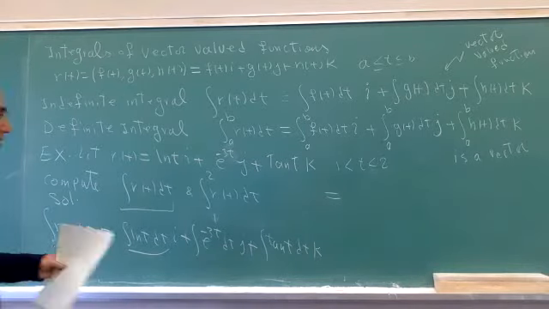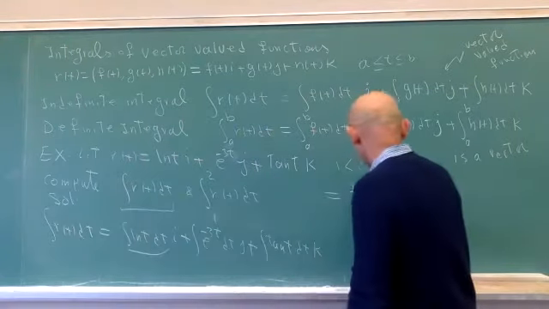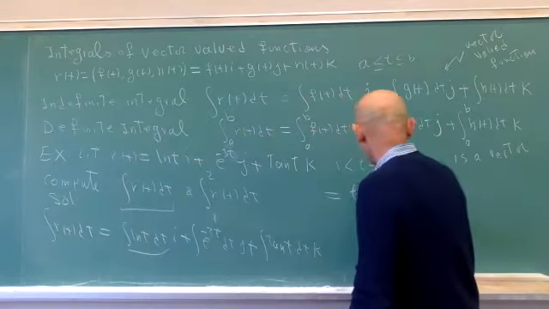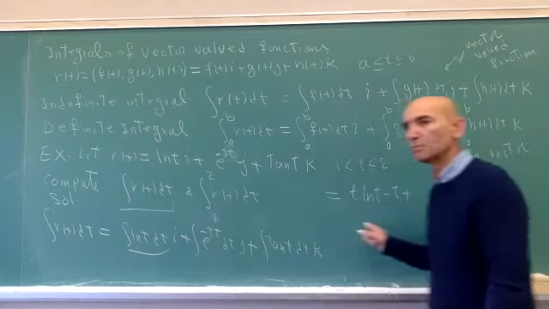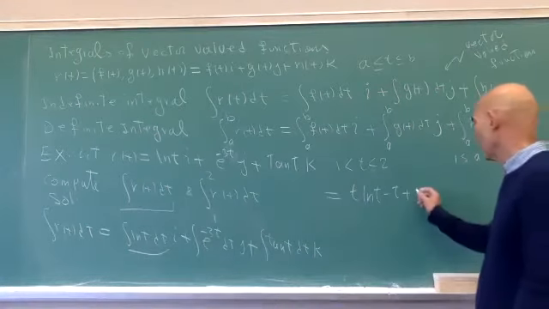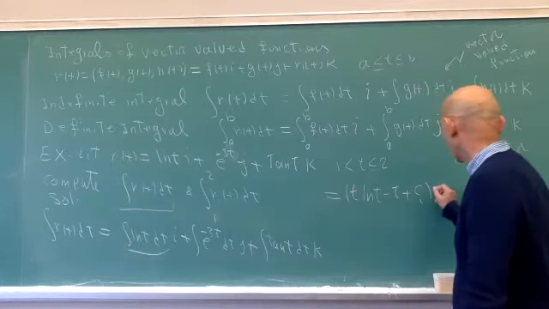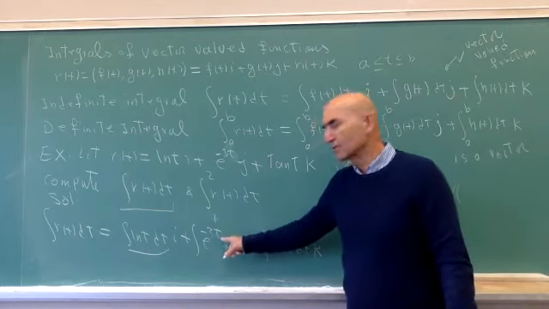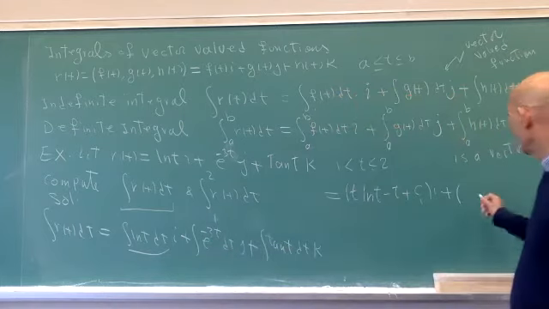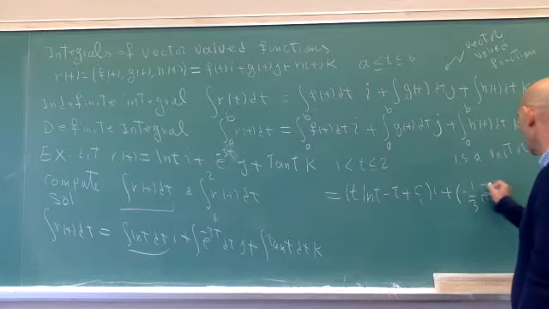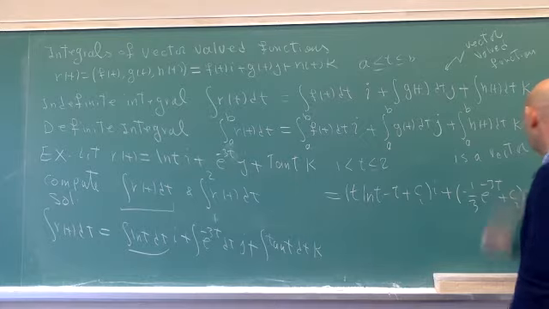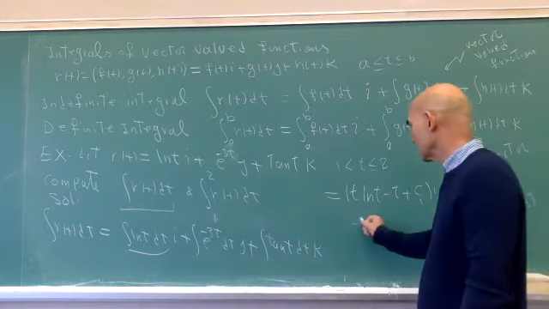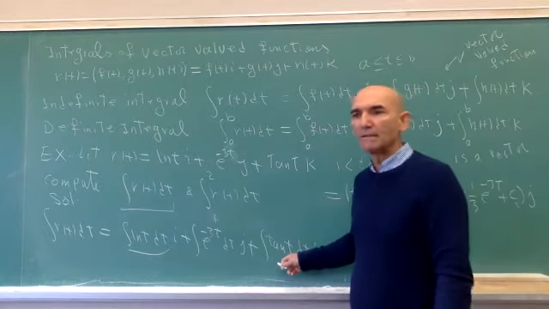So this is equal to t ln t minus t plus some constant. But this constant depends on this component, so we put a different constant for each of them: plus c1 times i. Now, the antiderivative of the exponential of minus 3t is minus 1 over 3 times e to the minus 3t, plus again c2 times j. And then plus, what is the antiderivative of tan t?